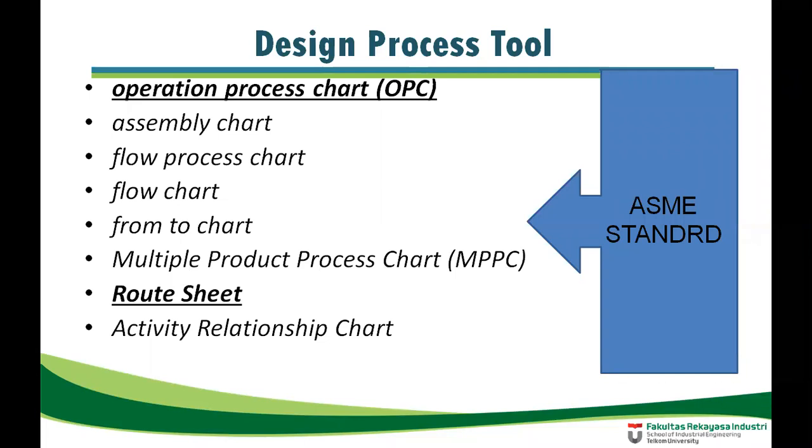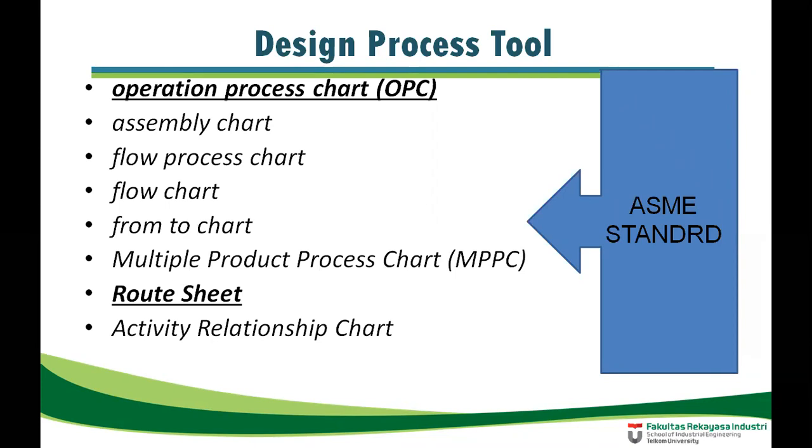Can you imagine if a company produces various products, the route is very difficult and complicated. Let's say Zara produces bags, perfume, suits, shoes, all the fashion items are available in Zara. So can you imagine how the manufacturing situation will look like if they have a very large volume of products? So you can use MPPC, multiple product process chart, in finding the perfect route.